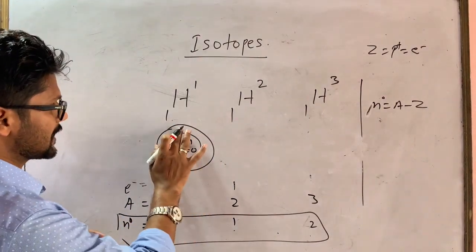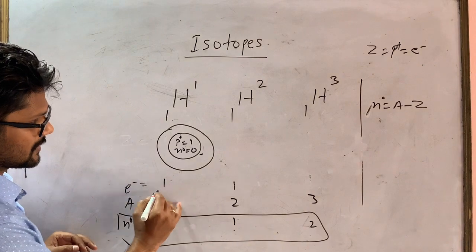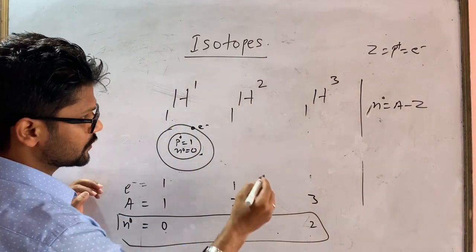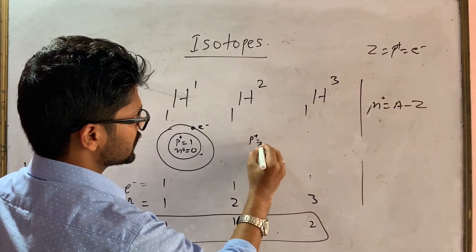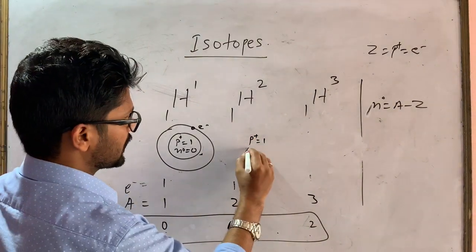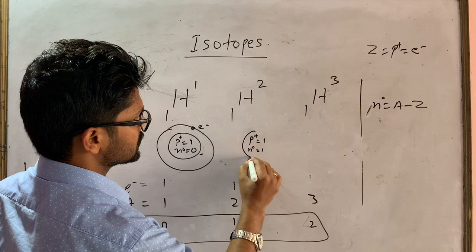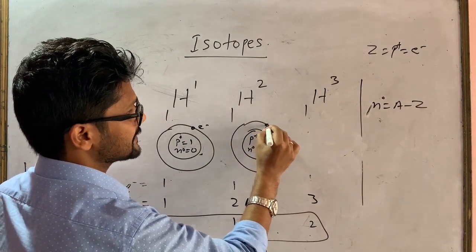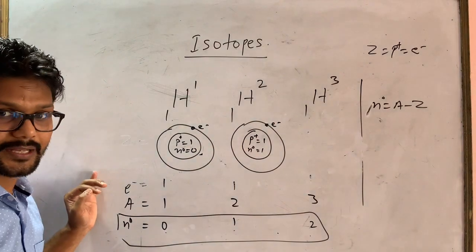This is the first shell, K shell, and we saw electron is 1. Similarly, you can draw for this one. Here proton is 1 and neutron is also 1, present in the nucleus. Again there is only one shell, that is K shell, and we can take one electron.